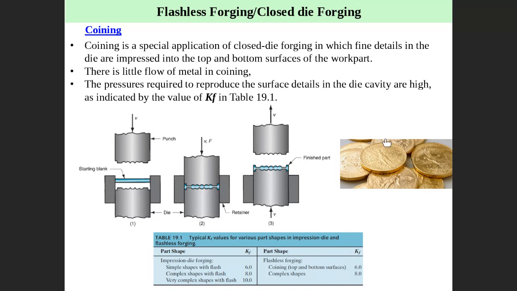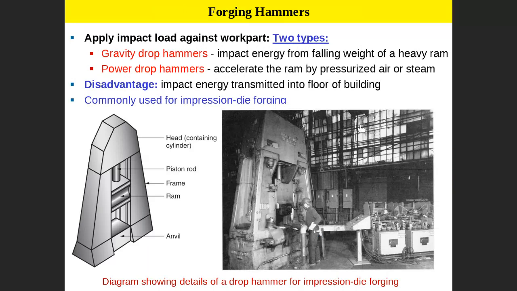This is the final part you directly take and use. So this is considered as precision forging. This is closed die flashless, no flash, no cut. There is no subsequent process. So it's finished. Simply you take and use directly from here. This is a net shape, whatever we call net shape, and we also call it precision forging. The hammering process, hammer is a machine that we use to do the forging operation.